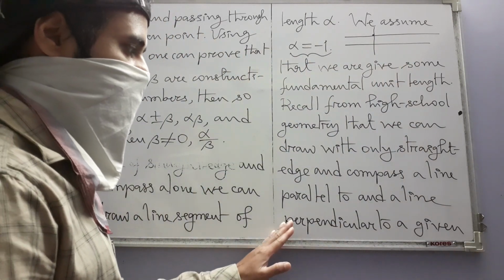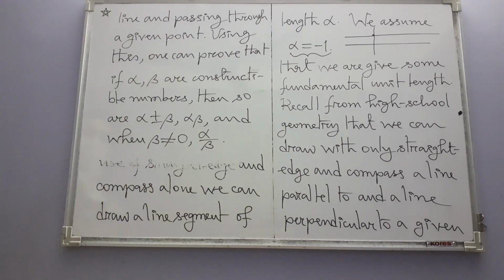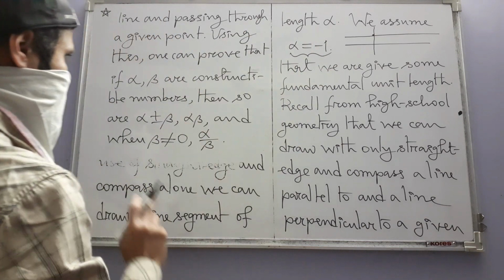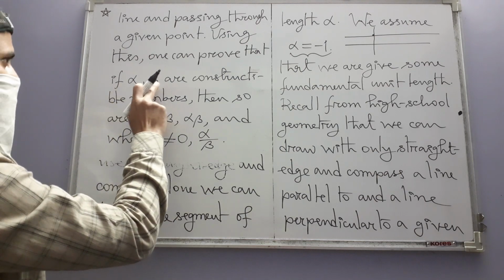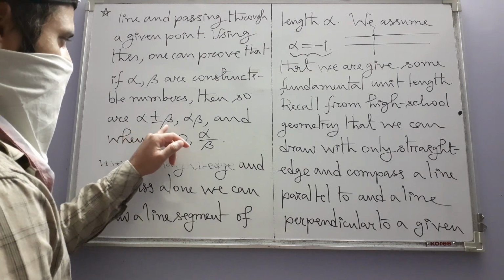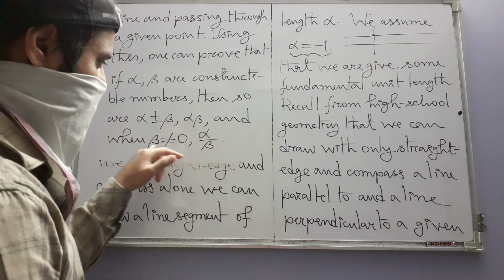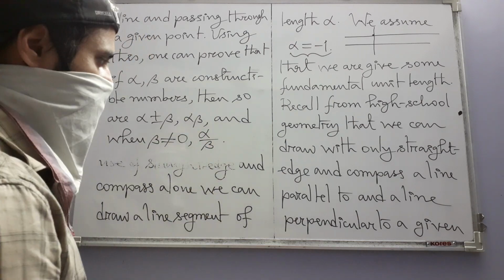It's a fact that is there, that fact is true, okay. And using this fact, one can prove that if alpha and beta are two constructible numbers, then so are their sum, difference, product, and quotient, provided the quotient can be formed.